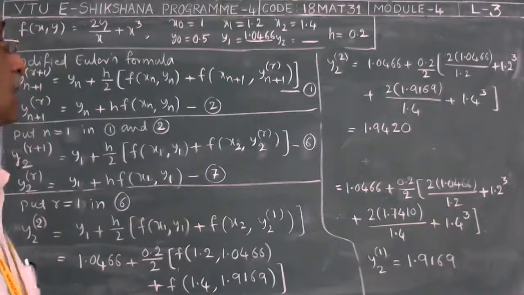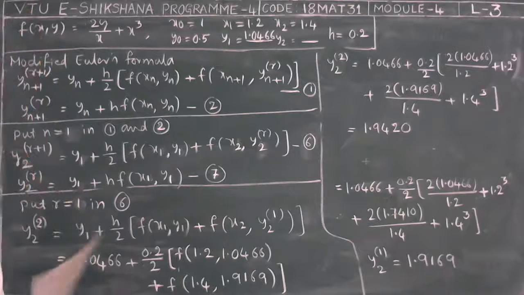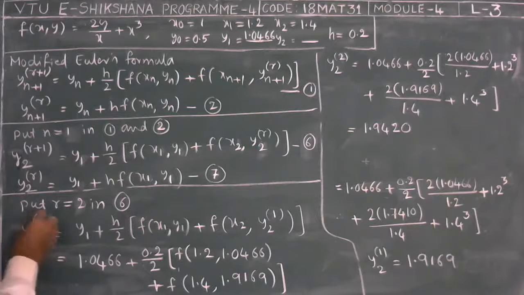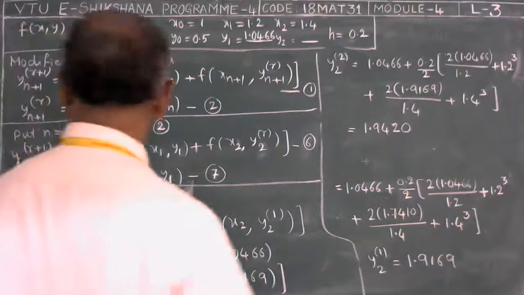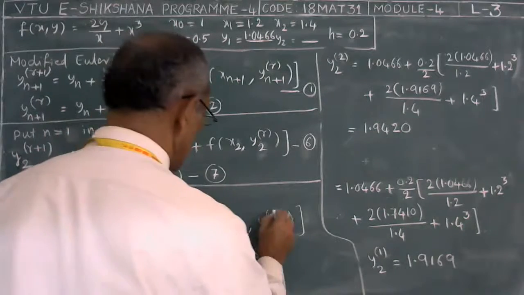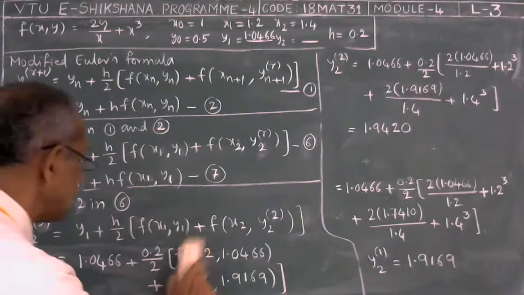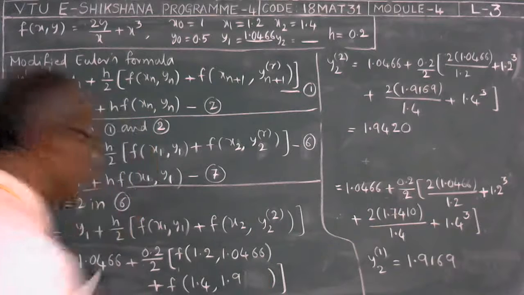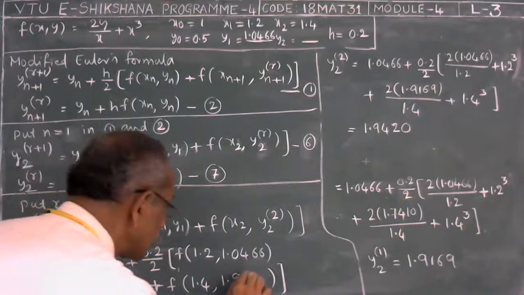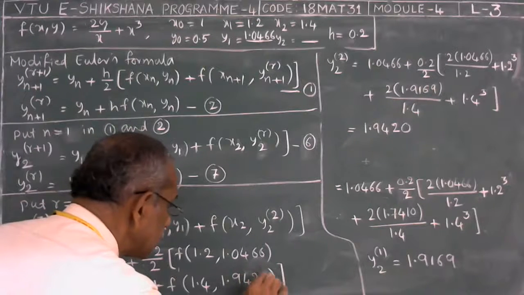Next, for the third iterative value, fix r equal to 2 in 6. That means you get y2 (3). y2 (2) is 1.9420, so everything else is the same. I will change it here only, but you have to practice.